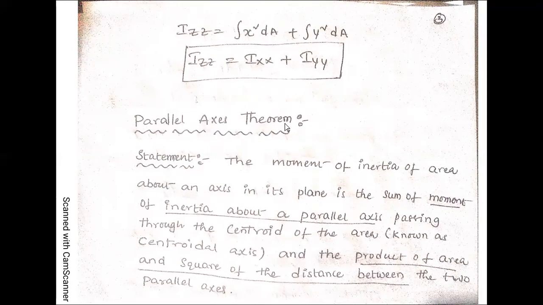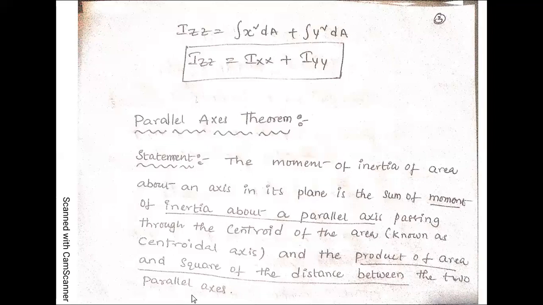The statement of the parallel axis theorem is: the moment of inertia of an area about any axis in its plane is the sum of the moment of inertia about a parallel axis passing through the centroid of the area, also known as the centroidal axis, and the product of area and square of the distance between the two parallel axes.